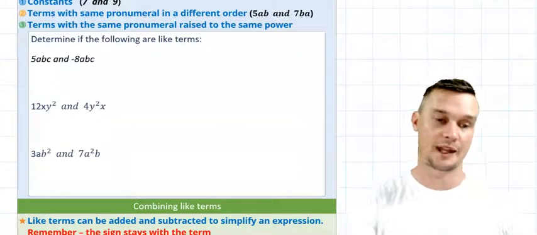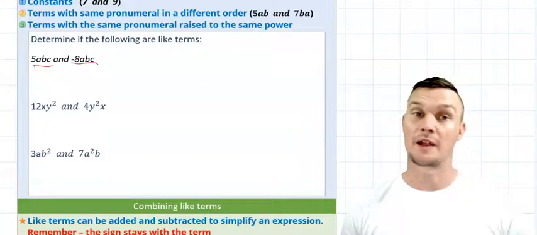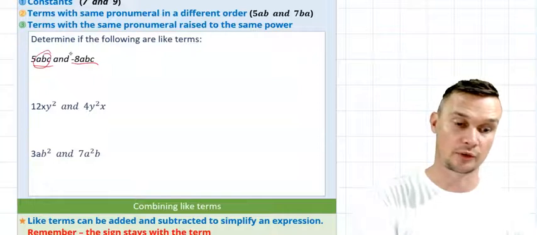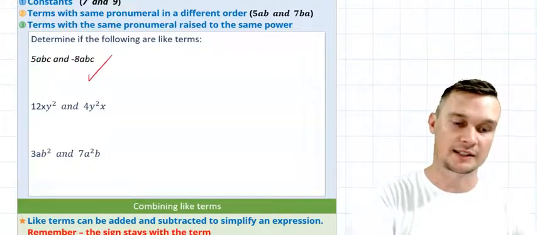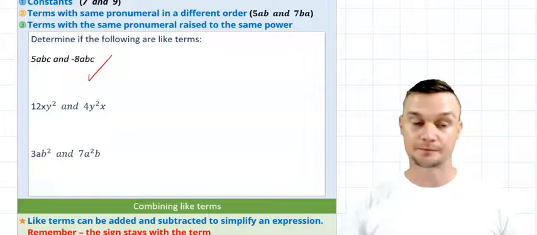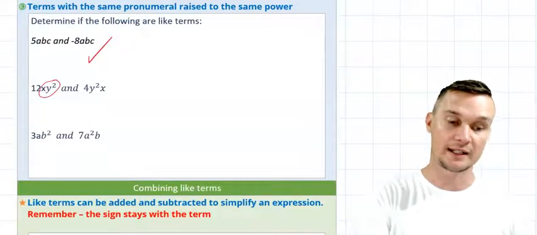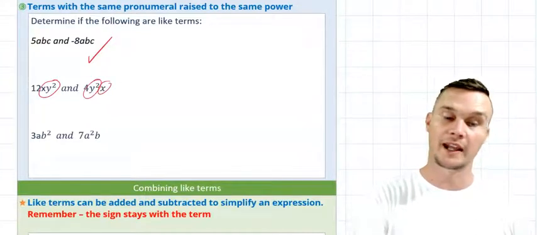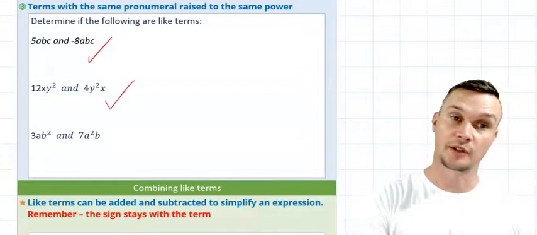We have 5abc and negative 8abc. It's a pretty simple one. They all have the same pronumerals, and they're all in the same order. It's easy to determine that one. So yes, these are like terms. For the next example, we have 12xy squared and 4y squared x. Now these are both like terms, and I'll explain why.